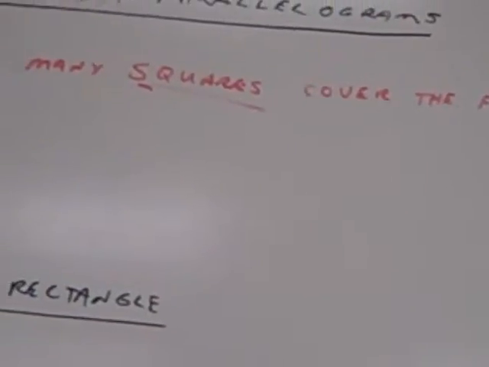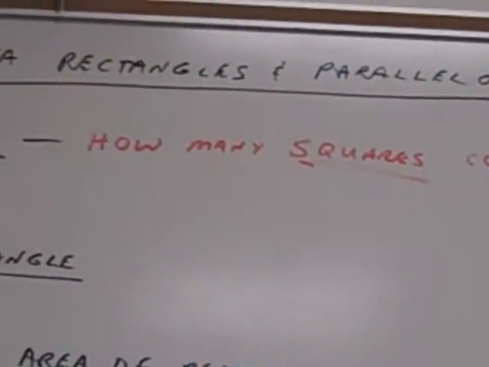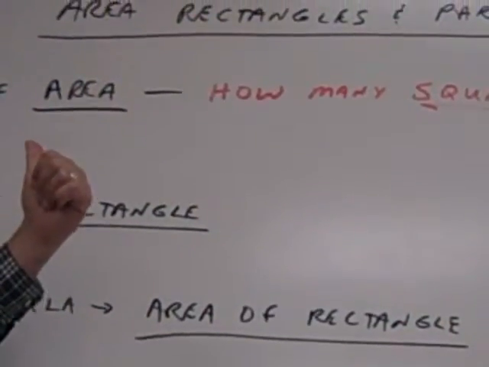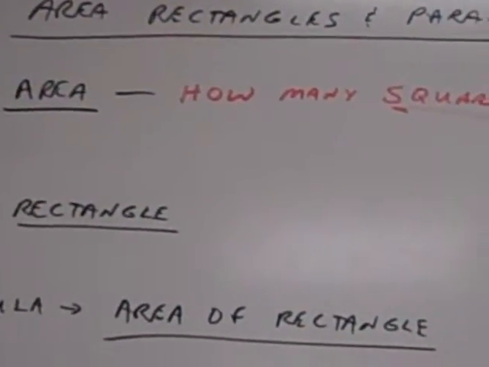Perimeter tells us how far around the figure. Area tells us how many squares cover it.